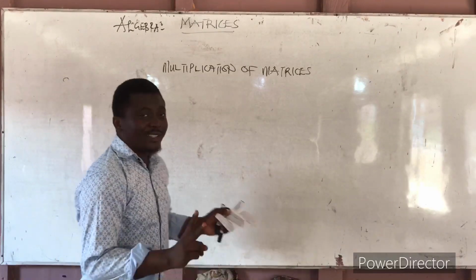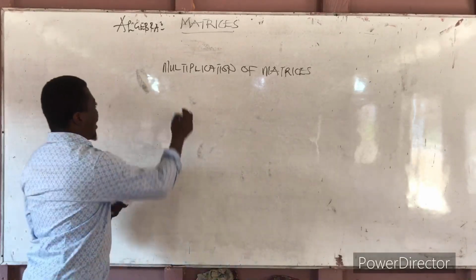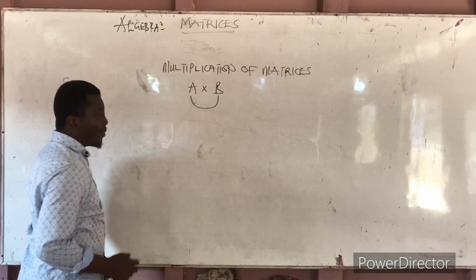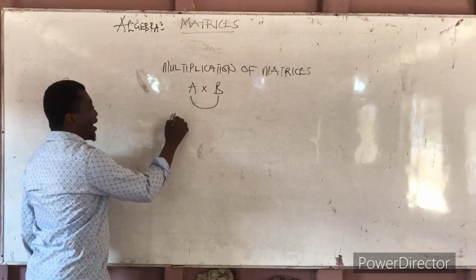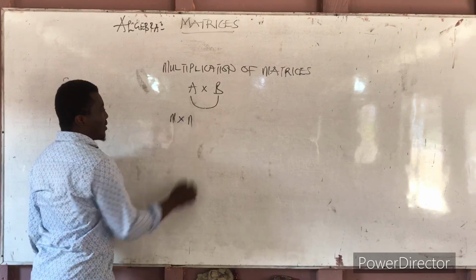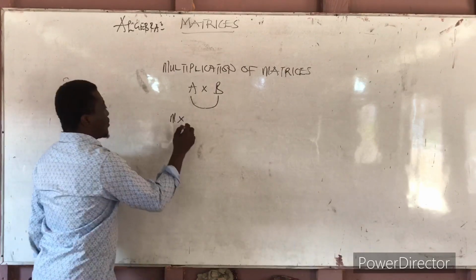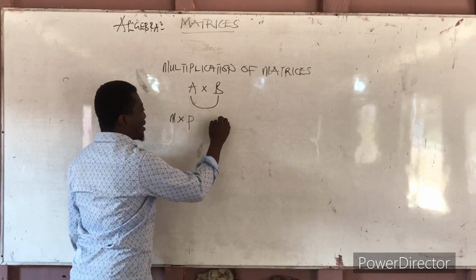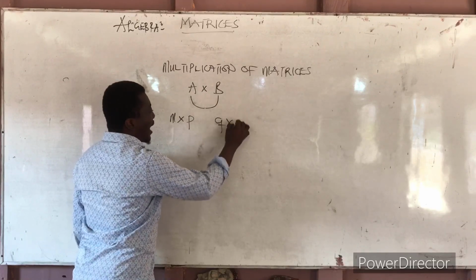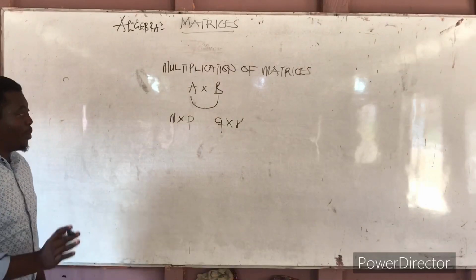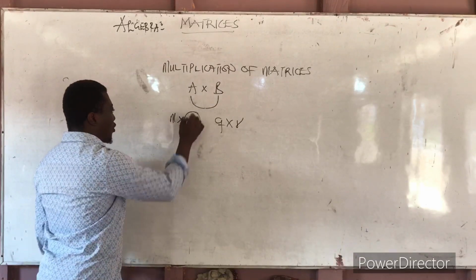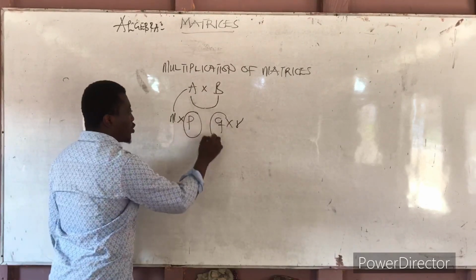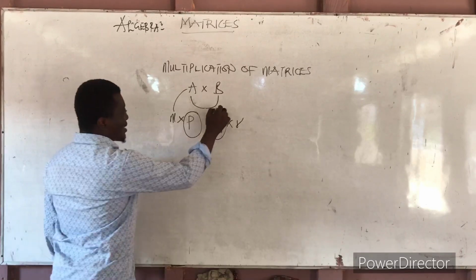Before you can multiply two matrices, let's say A times B, the multiplication of A and B can only be possible if A has dimension M by P, and B has dimension Q by R. This matrix multiplication will be possible only when the number of columns in A, the first matrix, is equal to the number of rows in the second matrix.